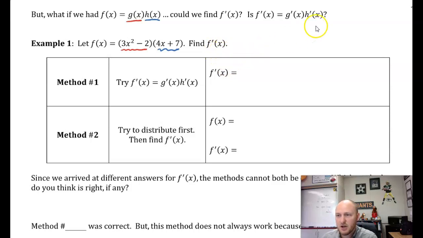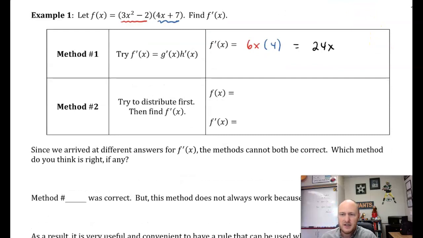So using this logic right here for method number 1, that f prime is g prime times h prime, well, the derivative of the first one is 6x. And the derivative of the second function is just 4. So here we have a derivative of 24x. Okay, so that's method number 1. I'm just going to take the derivative of each of them and multiply.